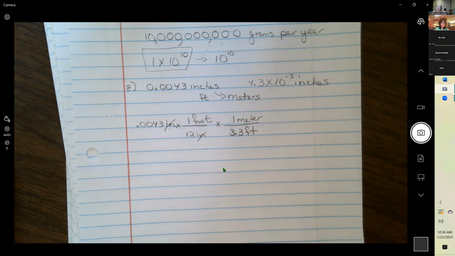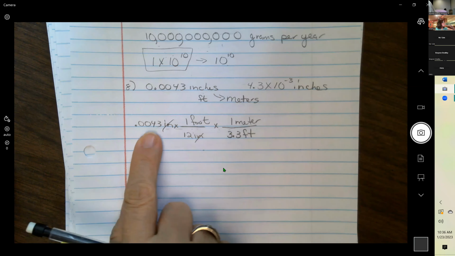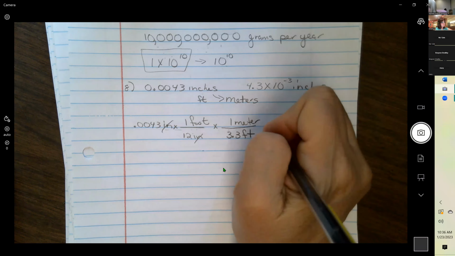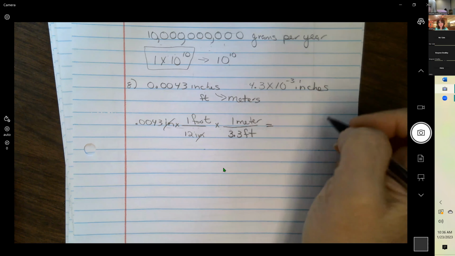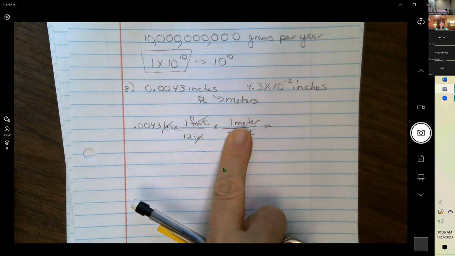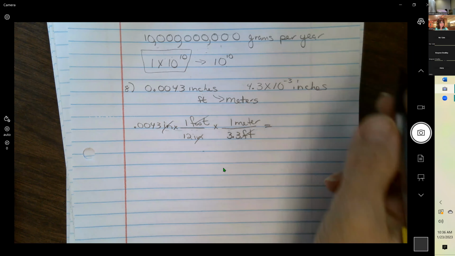That's another one you should learn. Notice then we're dividing. Now you could take this number, divide by 12, and then divide by 3.3, or you could multiply across first. So our inches canceled, our feet canceled, we have meters. We can multiply across, so 12 times 3.3.